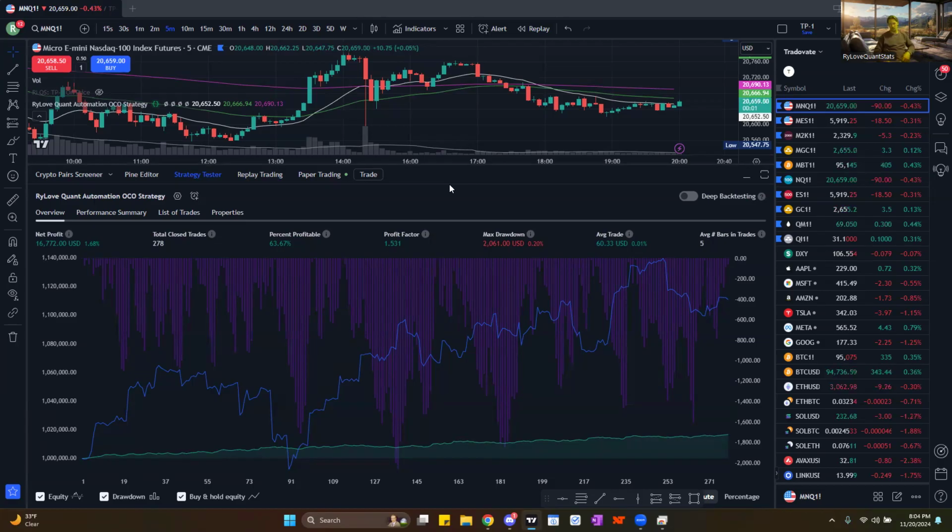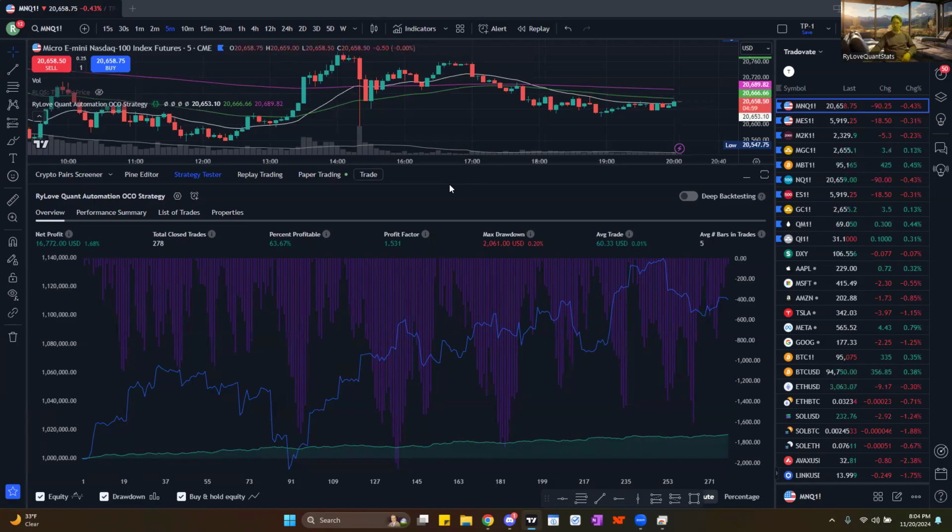One point in Bitcoin, which moves by fives, if it moves up $10, I think it's 10 cents that you gain for one micro contract, or $1. I think it's $1. Anyway, when NQ moves up 1 point, you gain $20.